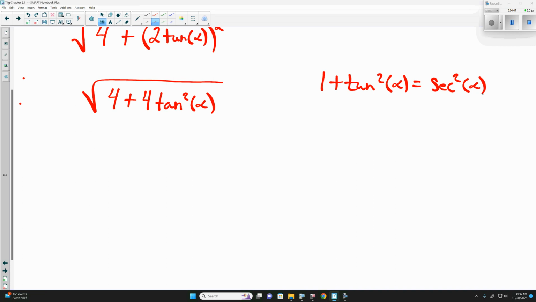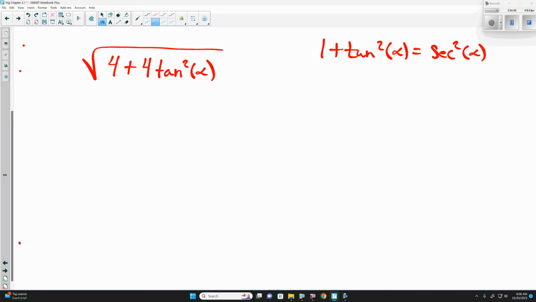Now the question is, how can we get these two to match up? We need to be able to rewrite this part as 1 plus tangent squared, because then we can replace it with secant squared. Probably the other question is why? Whenever we simplify a square root, we're wanting to simplify the radical if possible.